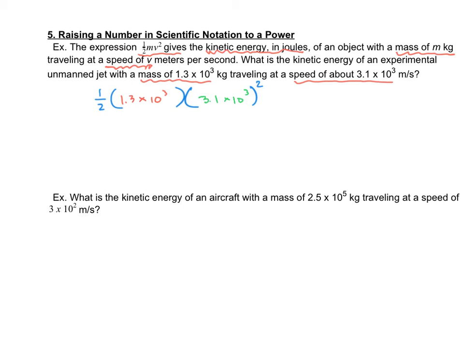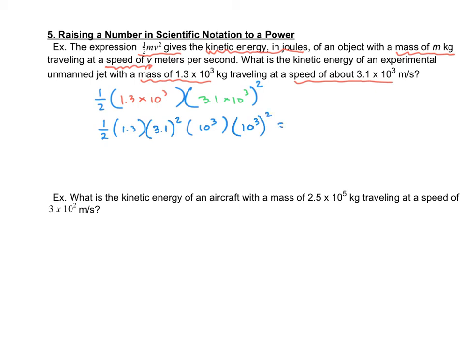I know that I have 1/2, and I know that I have 1.3, and I know that I have 10 raised to the third, and I've got to remember here that this 2 goes to everything in this parentheses, so that should give me 3.1 squared, and I should have 10 to the third raised to the second.